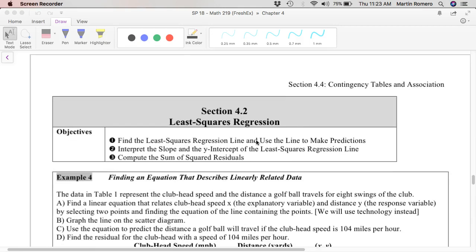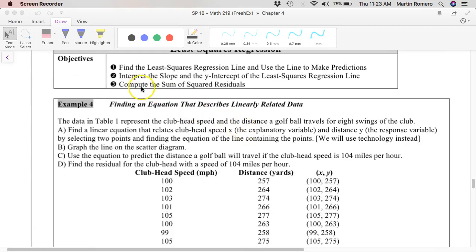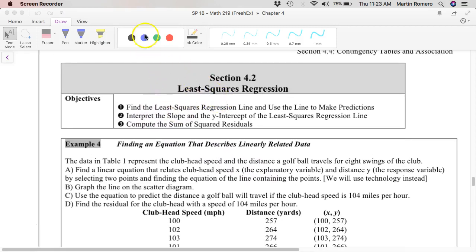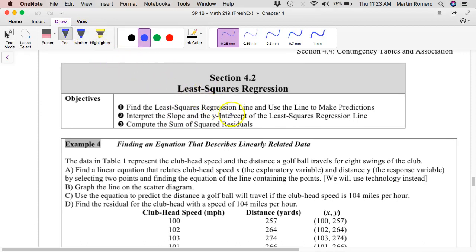And so the first thing that we're going to learn to do is calculate the least squares regression line. So we have this one right here, least squares regression line. Another word for that you might have heard is line of best fit.